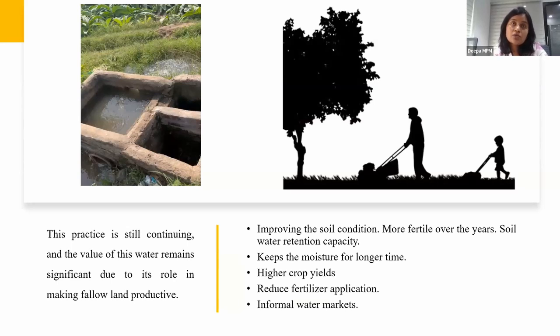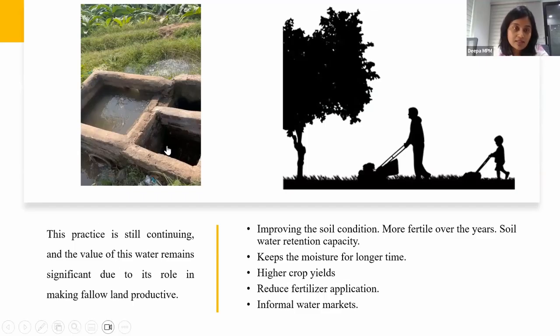There was so much barren fallow land because of the unavailability of water initially, and they found a solution by tapping into the informal groundwater market to get drain water and sell it to nearby farmers.